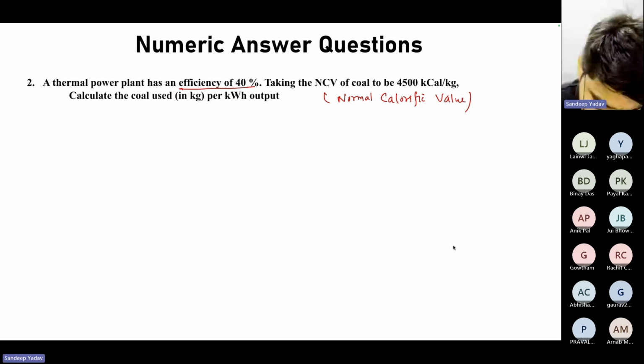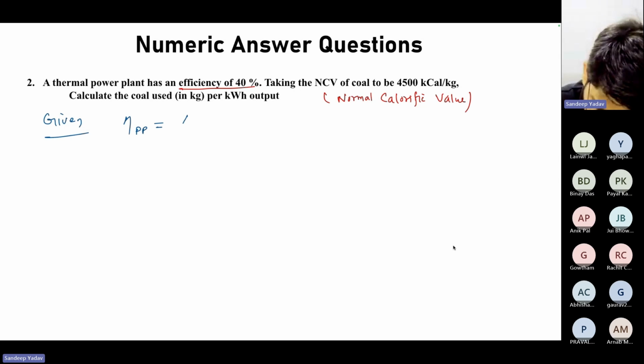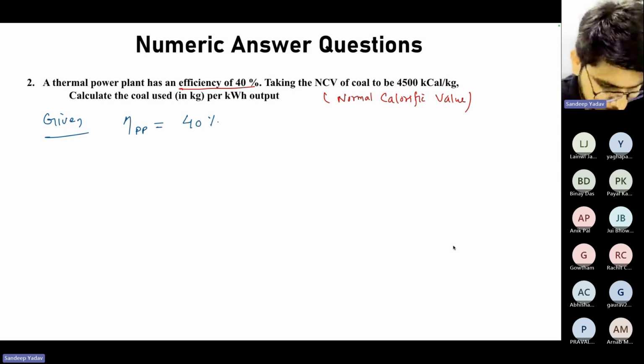So if you see here, what are the things given? The efficiency of the power plant is 40%.